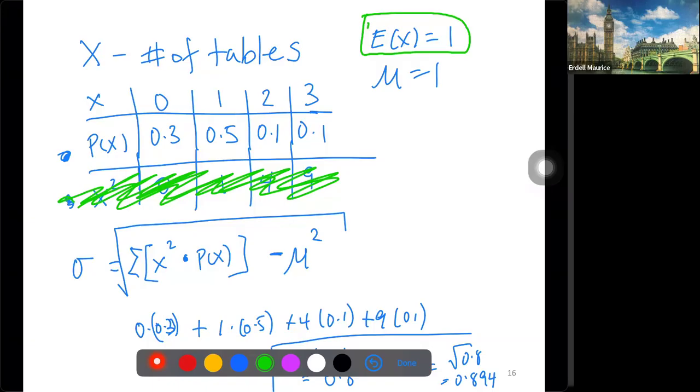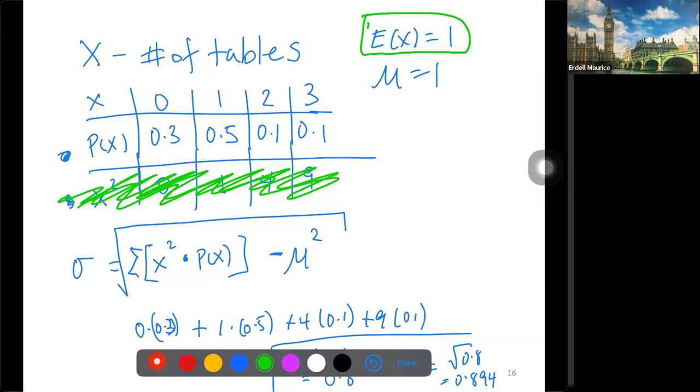I just want us to verify it. The answer is 1, correct? Y'all got an answer of 1? The expected value, yes?